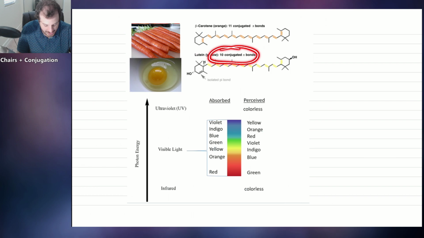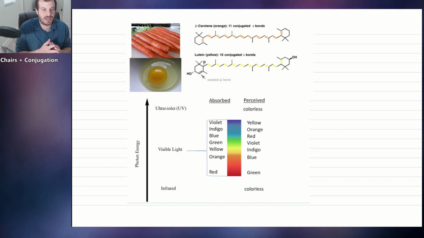But lutein has 10 conjugated pi bonds. So the HOMO-LUMO gap is a little bit bigger. So it's going to absorb higher energy light. It absorbs violet light, and so it appears yellow. You could imagine if you had a compound that had like 22 conjugated pi bonds, something like lycopene, which is found in tomatoes, that would absorb even more low energy light, and so the color might appear red.